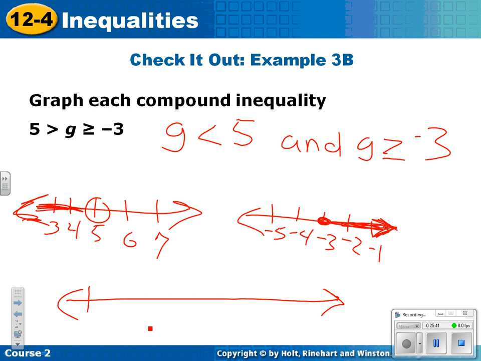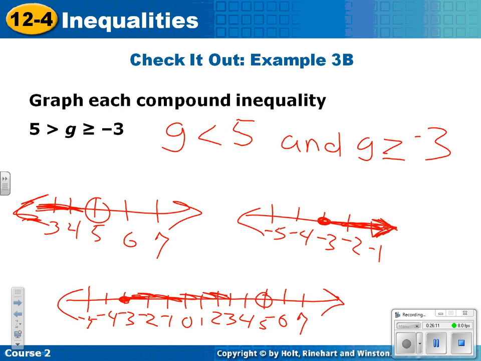And I start at -5, -4, -3, -2, -1, 0, 1, 2, 3, 4, 5, 6, 7. Okay. I had a circle at 5. I had a dot at -3. My circle at 5 went to the left. My dot at -3 went to the right. And I'd highlight in between. Okay? That's how I would do those problems.